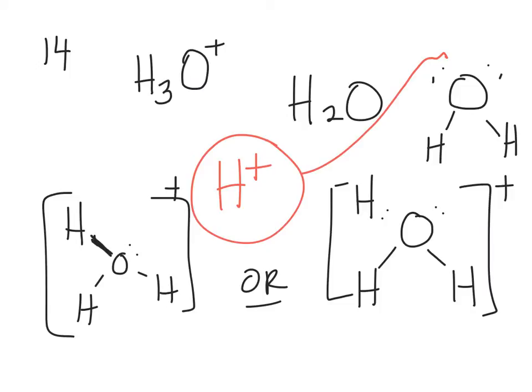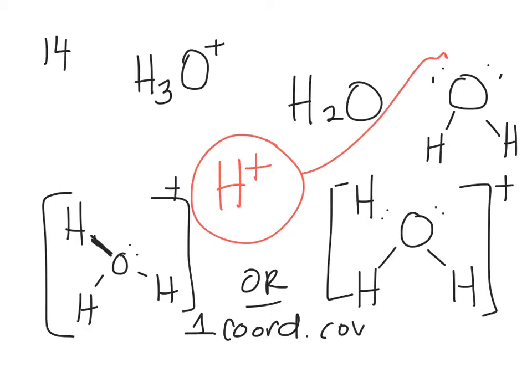We've got a coordinate covalent bond. We've got one of them, and the other two are covalent. Saying ionic and covalent together is like saying an apple is an orange. Ionic and covalent, you're either one or the other.